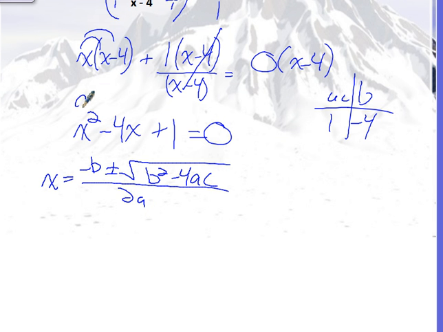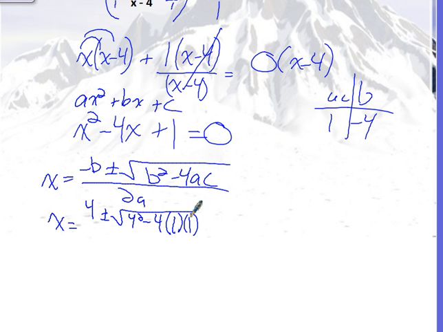And this is coming from ax squared plus bx plus c. So I'm going to get x equals negative b, so positive 4, plus or minus the square root of 4 squared minus 4 times a times c all over 2a, which is just 2 times 1.